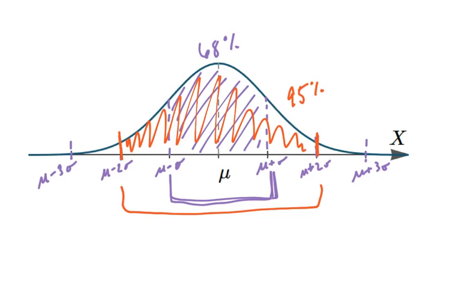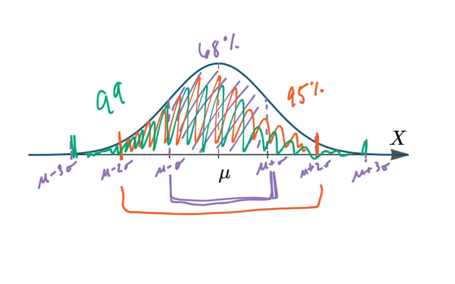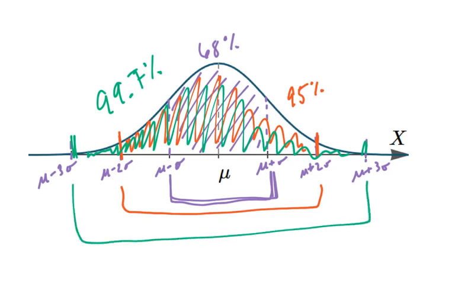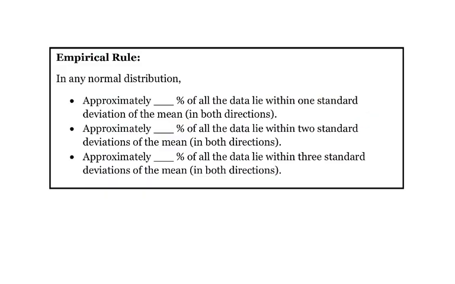Okay? Which means that the last part of the empirical rule, and this one's really intense, says that within 3 standard deviations around the mean on both sides, 99.7% of the data will lie between those two values. Okay, and so that means that if anything is past that, it's very, very rare. Here's the empirical rule just written out in words.